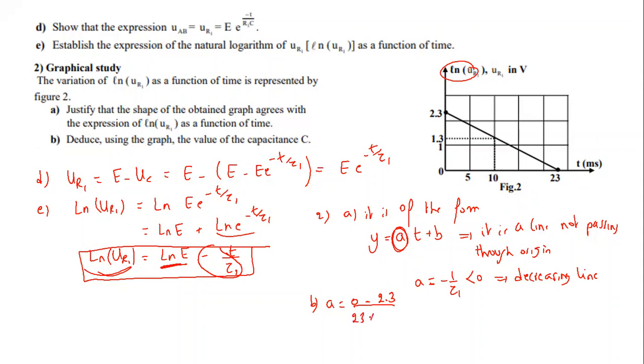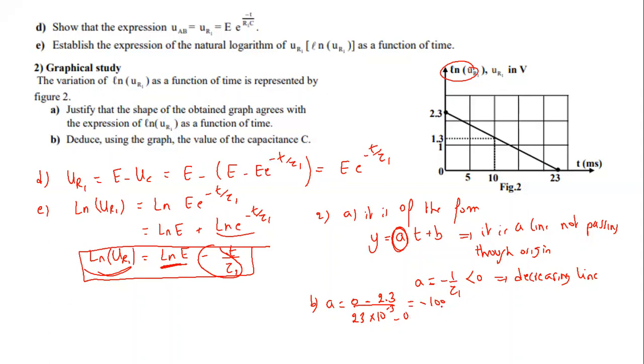So 23 times 10 to the minus 3 minus 0. So we get as answer, this means it's equal to 100 minus 100. This is the slope. But the question is find c.